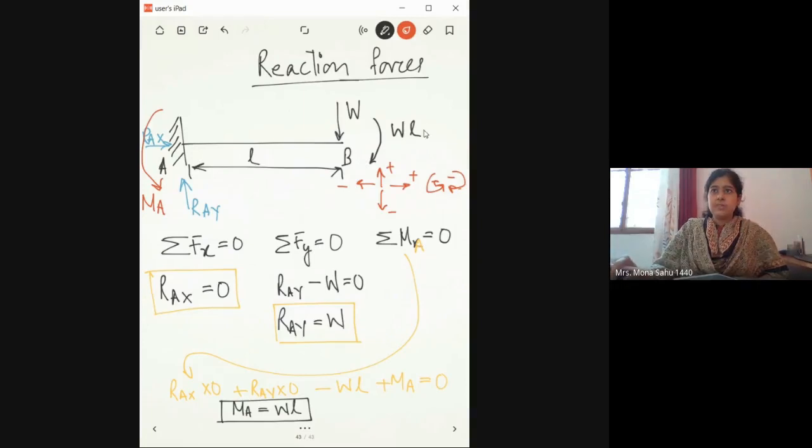So because of this moment, there is an equal and opposite moment, MA, at point A. Because of W, there is an equal opposite vertical reaction force. And because this is a fixed support, there will be a horizontal force, and there is no external horizontal force, so the horizontal reaction force will be equal to 0.